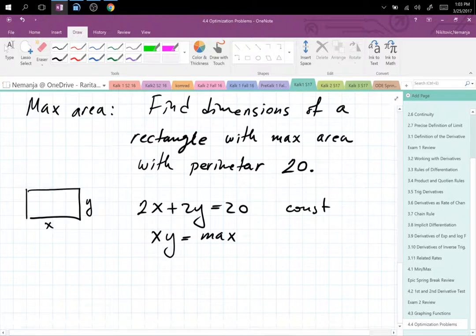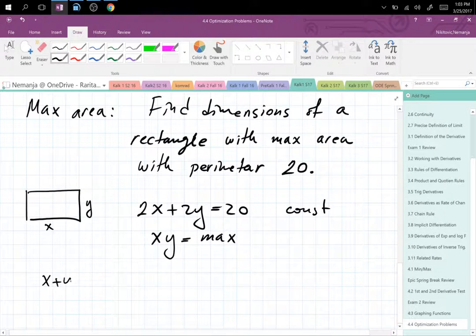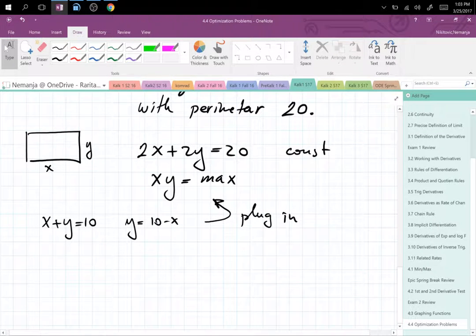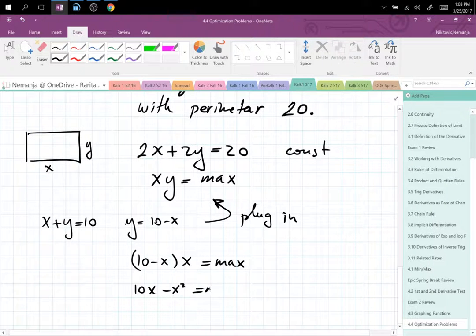So x plus y equals 10. Y is equal to 10 minus x. Plug in. It's very simple. Always you solve the constraint, you plug it into your objective function, and you got your 10 minus x times x needs to be a max. And then you have your 10x minus x squared equals a max.